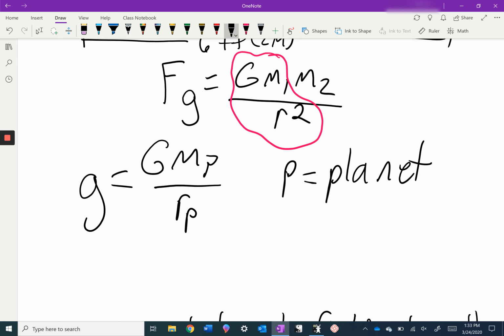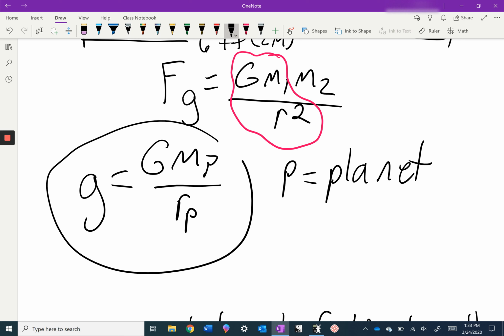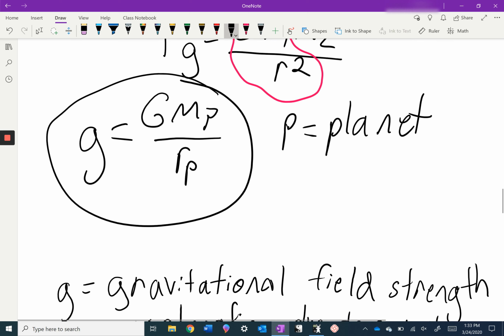Okay? Now, this formula right here is the formula that you use to find the gravitational field strength. So one of the things that we can call our little g is the gravitational field strength because it represents the strength of the gravitational field that's pulling us down.